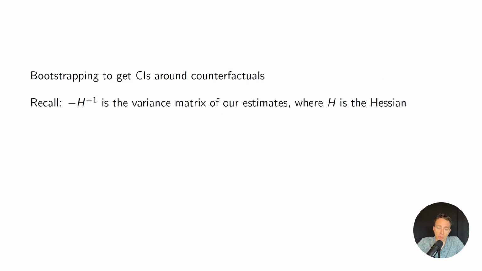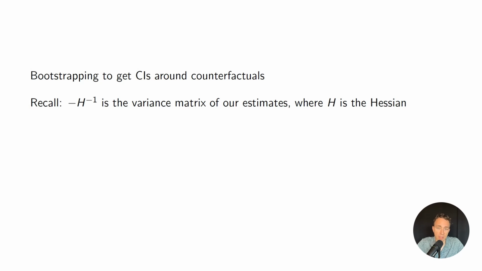So basically what we're going to do is use bootstrap sampling not to sample from our data, but instead to sample parameter values that express the uncertainty of the estimates that we obtained from our estimation routine. And if you recall, if we're using a likelihood-based model, the negative of the inverse of the Hessian is the variance-covariance matrix around our estimates.